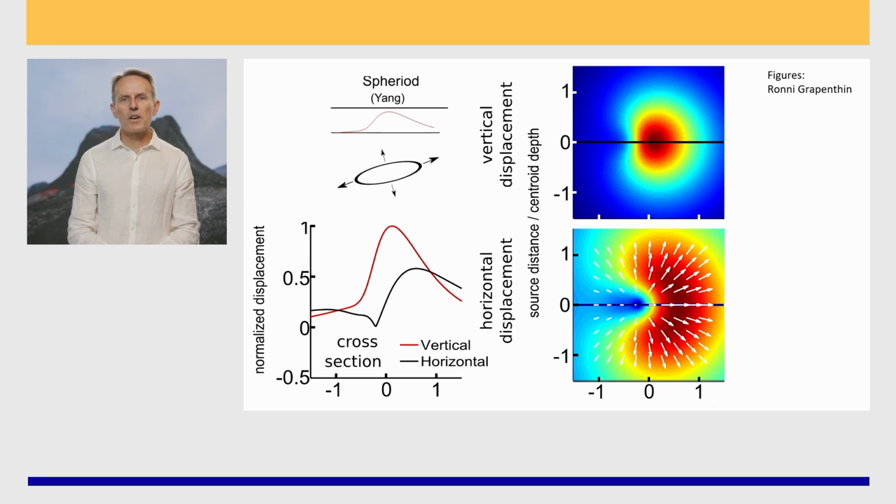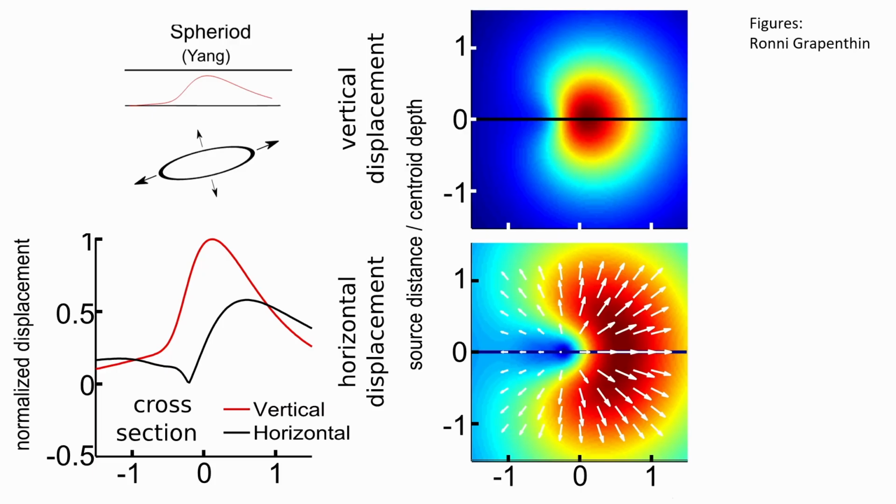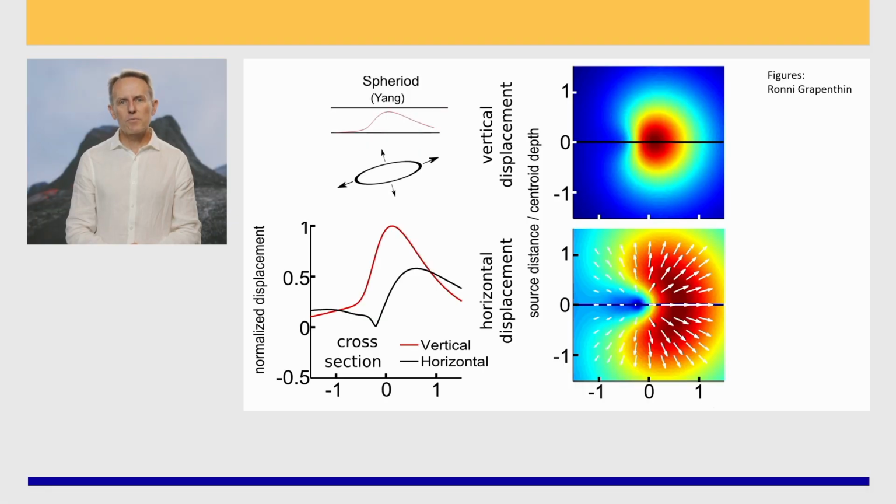Such equations are, for example, described in a paper published by Young in 1988. The spheroid can be tilted, then the deformation field is not symmetric around its central point. More uplift occurs in the region where the spheroid is closest to the surface, and the horizontal displacement pattern can be very asymmetric.